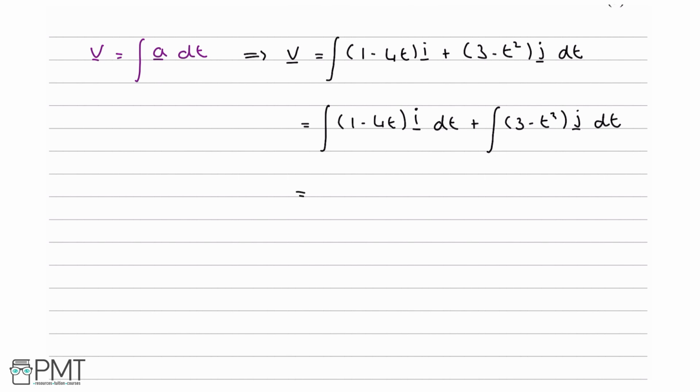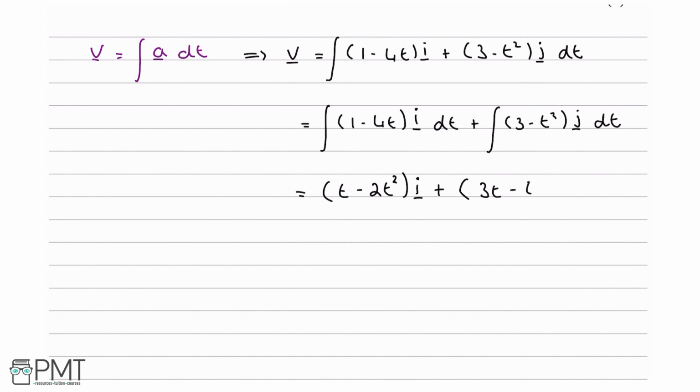So the integral of 1 with respect to t is just t, and then the integral of minus 4t with respect to t is minus 4t squared over 2, which is minus 2t squared. We close our brackets and put our i vector, and then we add, not worrying about the constant just yet because we're going to combine the two constants together, 3 integrated with respect to time is 3t, and minus t squared integrated with respect to time is minus t cubed over 3.